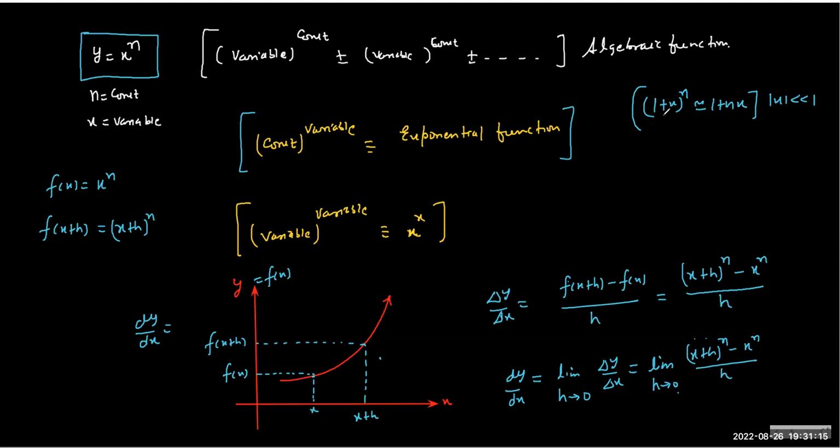So I want to convert this into (1 plus x) power format, and to convert to 1 plus x, I will take x common outside. That's a logical choice because I want to make the fraction. h is very small.